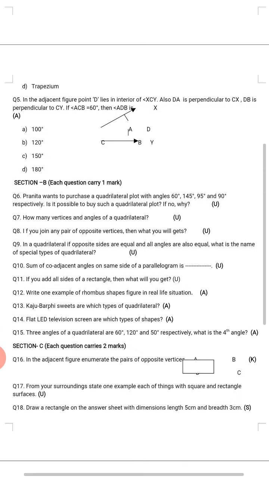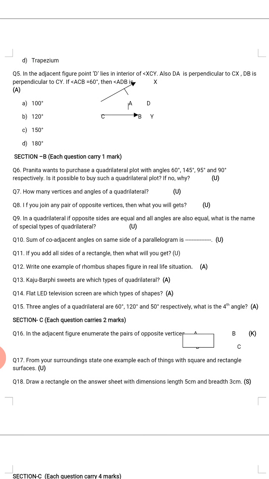Now Section B: very short answer questions are kept in Section B. Now question number 6. Pranita wants to purchase a quadrilateral plot with angles 60 degree, 145 degree, 95 degree and 90 degree respectively.